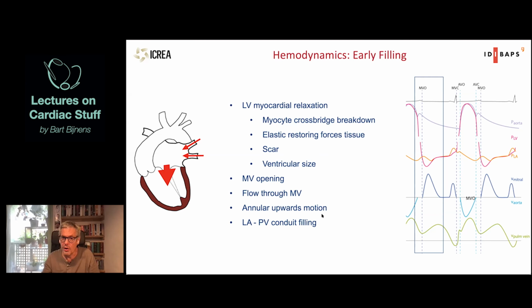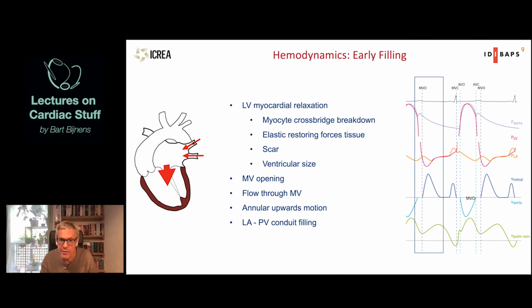As we said before, the upward motion of the annulus is important, because that determines this longitudinal function and will give some additional filling properties, in order to not use too much energy to displace the volume. And then, of course, the more blood comes from the lungs through the pulmonary veins, the more blood can go through the atrium.